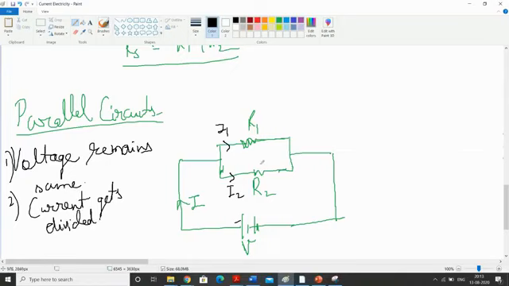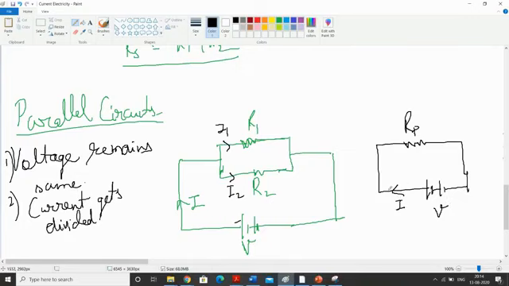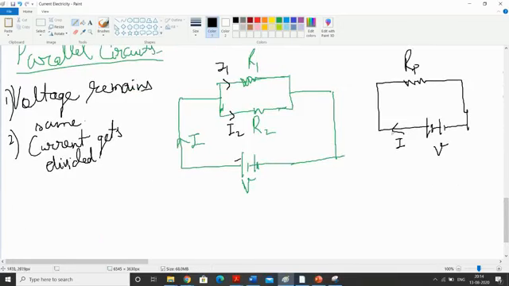If we want to find out the equivalent resistance of R1 and R2, the concept we will use here is that if I is the current coming out of the battery and it gets divided into I1 and I2, then I has to be equal to I1 plus I2.